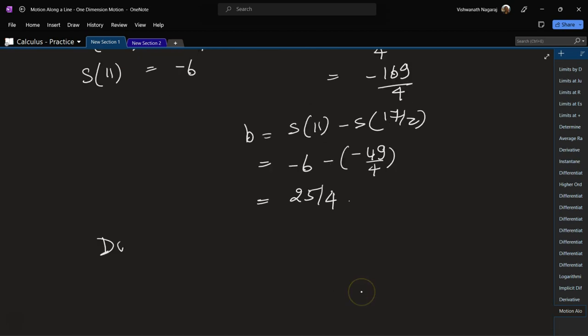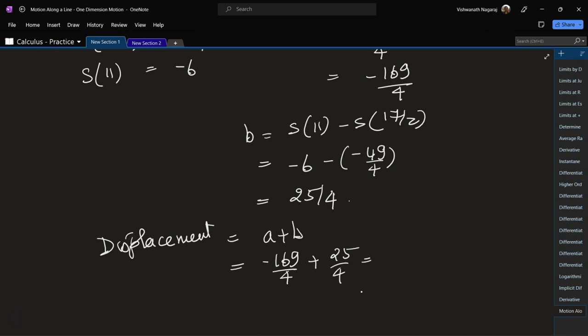So our displacement is equal to A plus B, that is minus 169 by 4 plus 25 by 4, which is equal to minus 144 by 4, which is equal to minus 36.